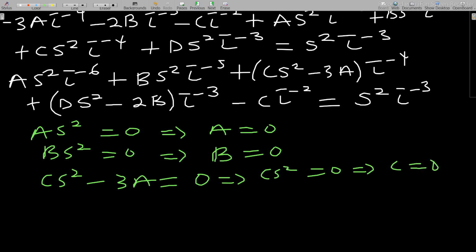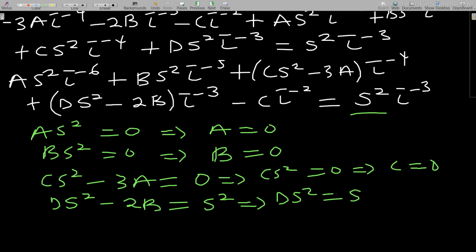Now with the tau to the negative 3, I have d s squared minus 2b should be equal to the coefficient of tau to the negative 3, which is s squared here. But b is 0, so d s squared equals s squared, and s squared will cancel, and d will be equal to what?